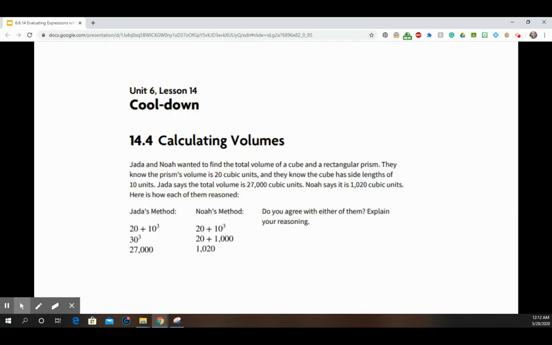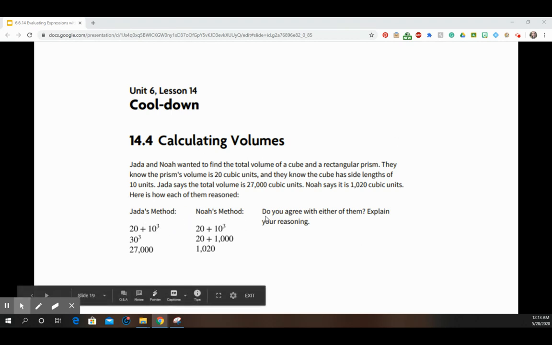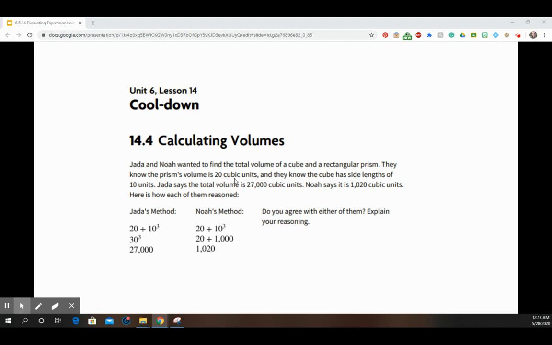Today in your exit ticket, you're going to be looking at Jada and Noah, our friends. Okay, so one of them is solving, and this is kind of similar to a problem that we did today, right? They know that the prism's volume is 20 cubic units, and they know it has the side lengths of 10 units.